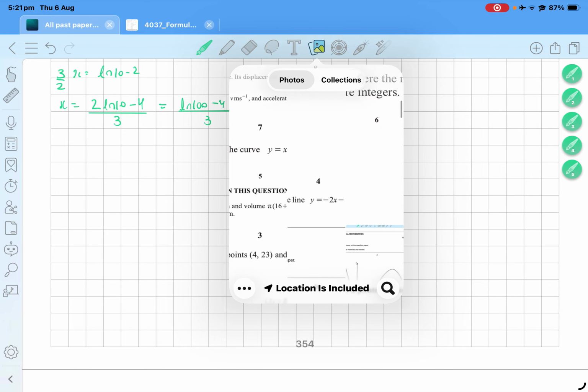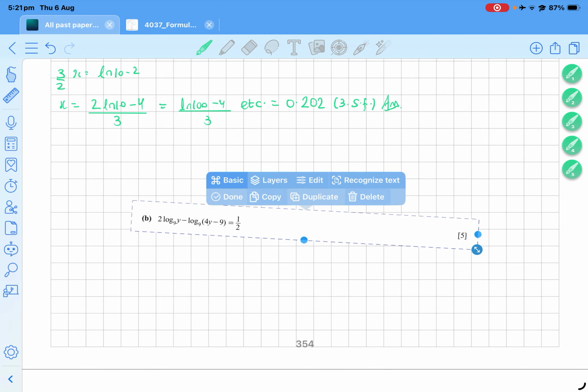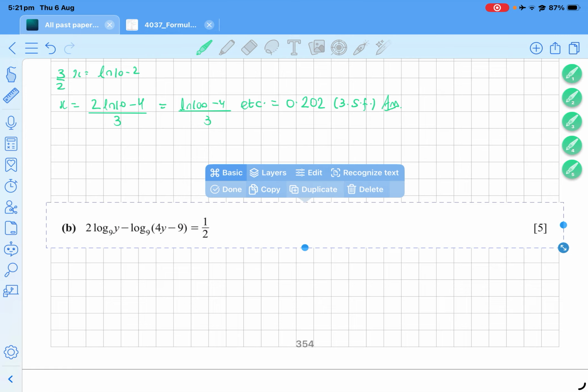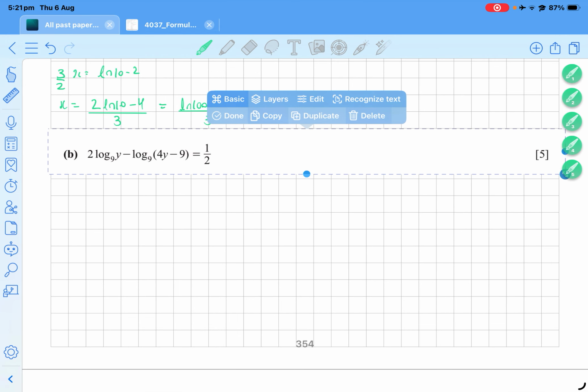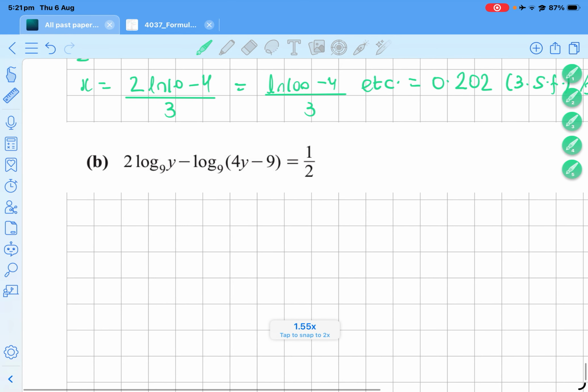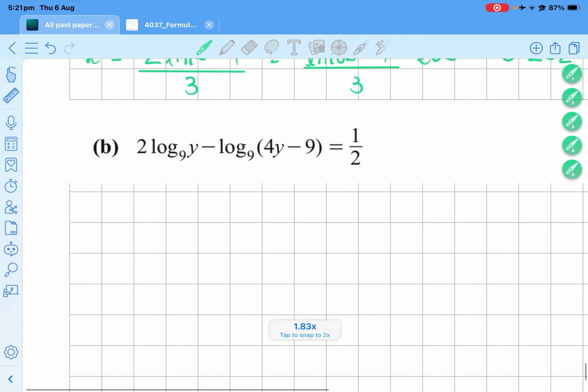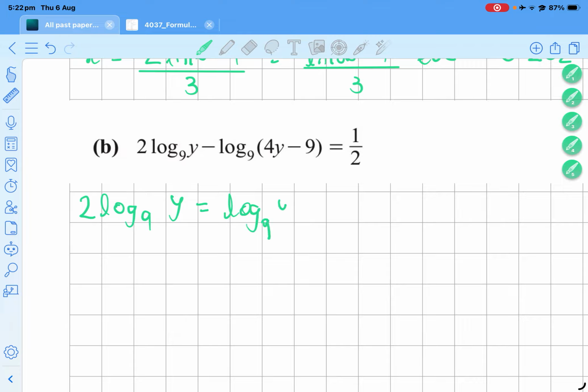The next part. So solve this. Do you know how to solve this? I bet you don't. Here you need to know how to solve logs. How do you solve this? Well, 2 log base 9 of y can be written as log base 9 of y squared.